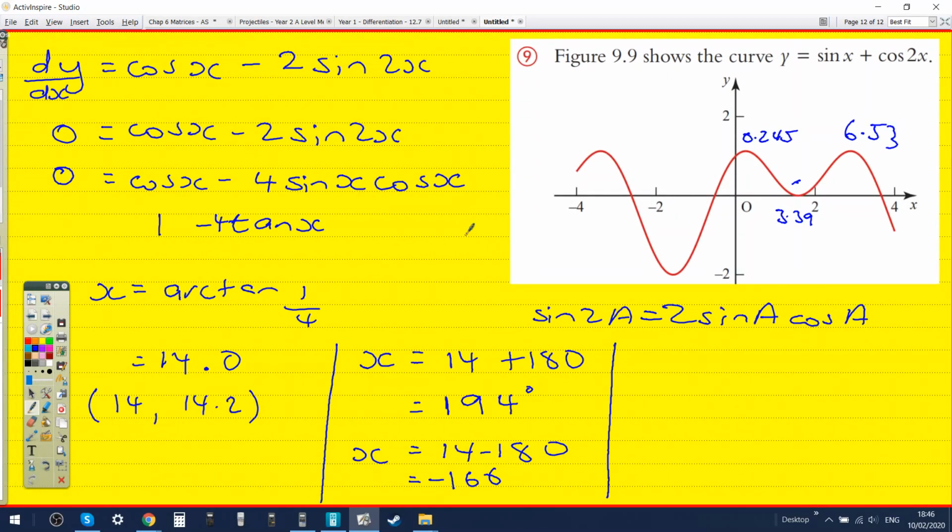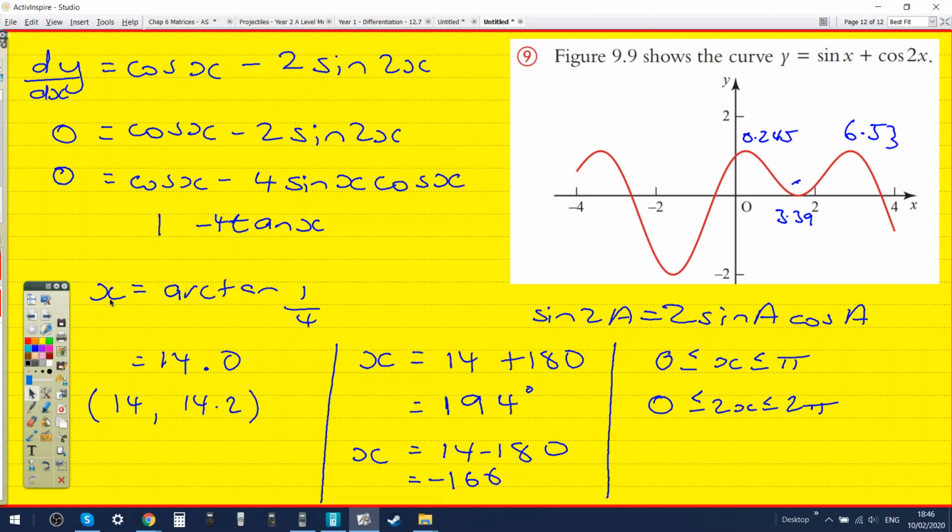Is it because we have x between 0 and pi, but we had 2x, so that's going to be 2x up to 2 pi? And so we would halve all of our numbers? Let me just see. So we converted it, so that sine 2x was 2 sine x cos x.